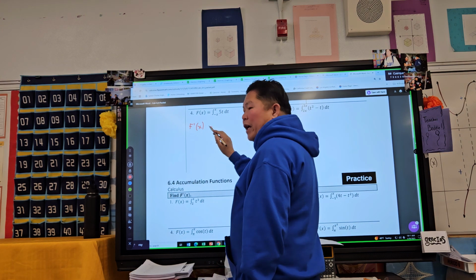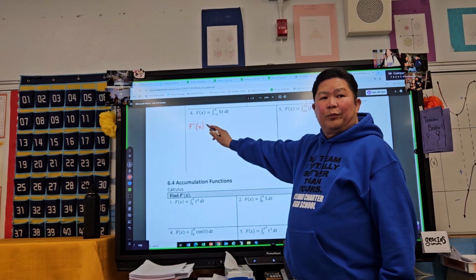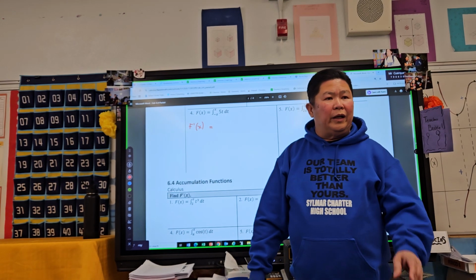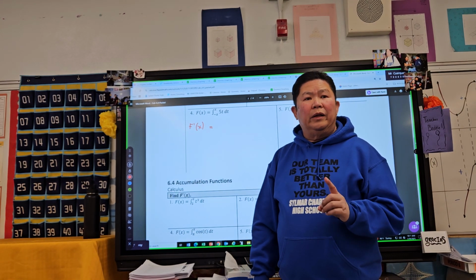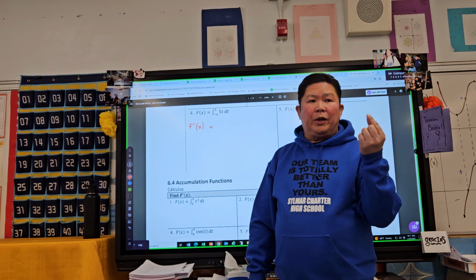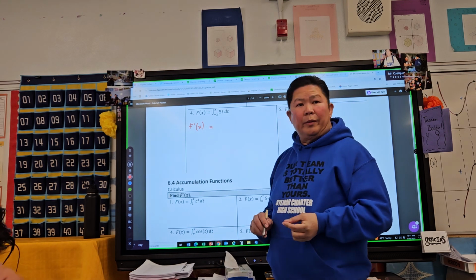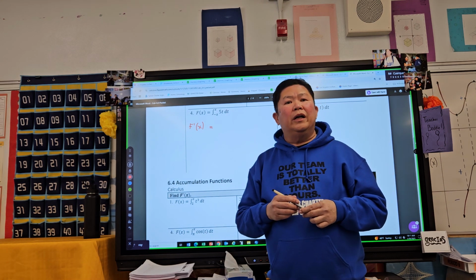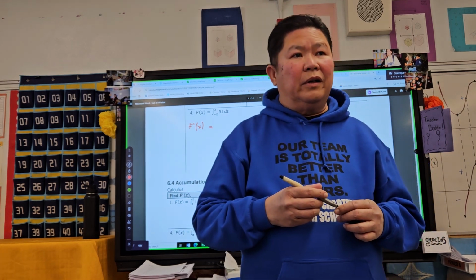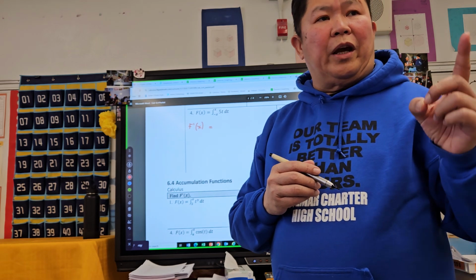Now in the actual AP, if you don't write f prime, that means you're not getting 1 point. Why? Because the AP corrector is very particular about it. By writing f prime, you are showing you are doing the derivative. Guys, you need to be careful.